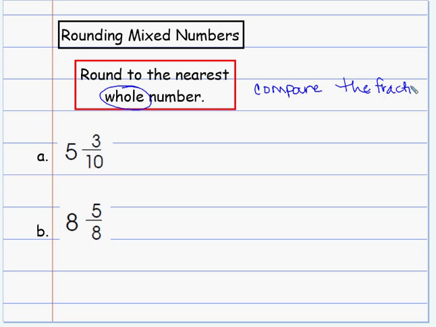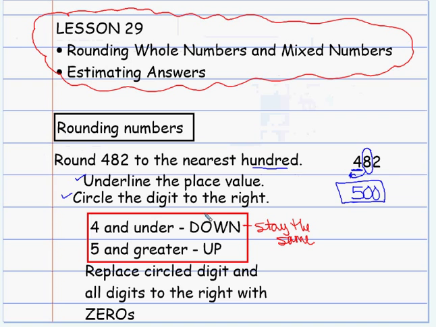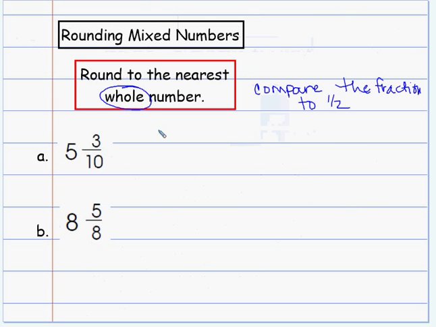Okay, so just like we were on the first page back here, we're still going to say if it's 4 and under, we keep it the same, and if it's 5 and greater, we go up. But 5 is really half, so if it's less than half, we're going to keep the number the same, and if it's greater than half, we're going to move up.